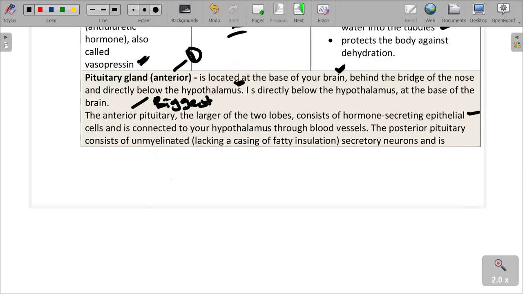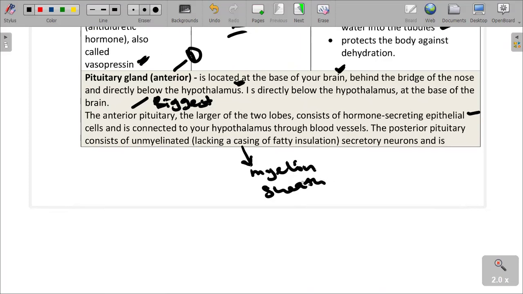Now, what I want you to understand is that there is the anterior lobe and also the posterior pituitary, which is unmyelinated, meaning it does not have the casing of fat insulation. It does not have the myelin sheath, which we talked about previously when we talked about neurons.